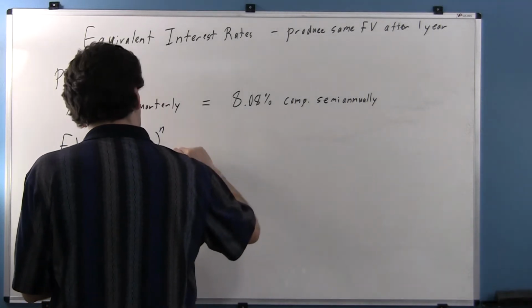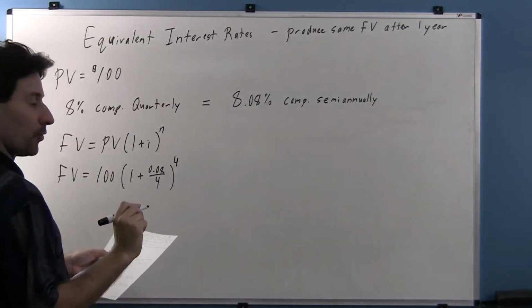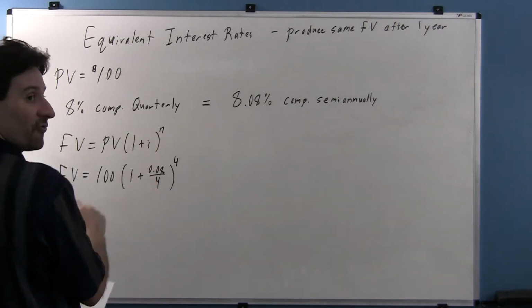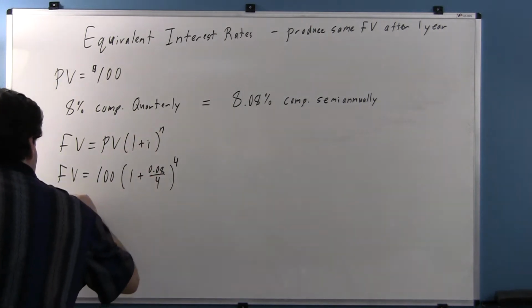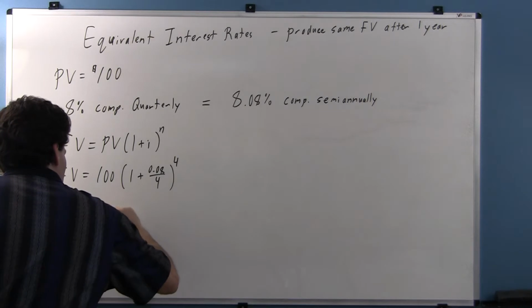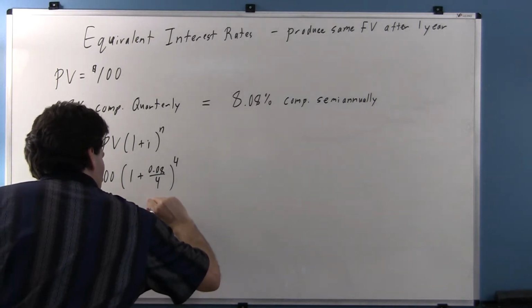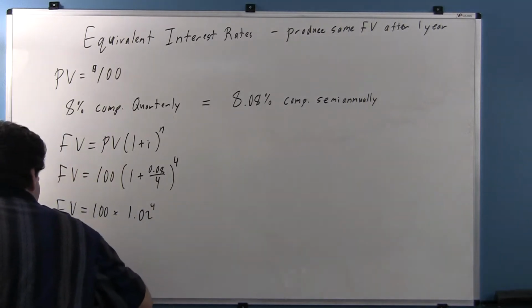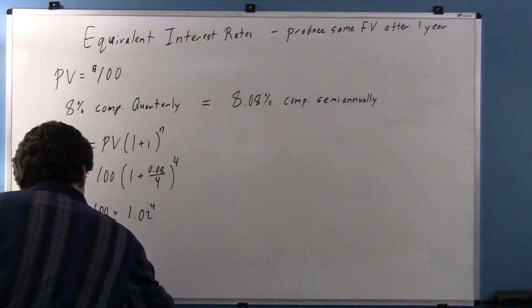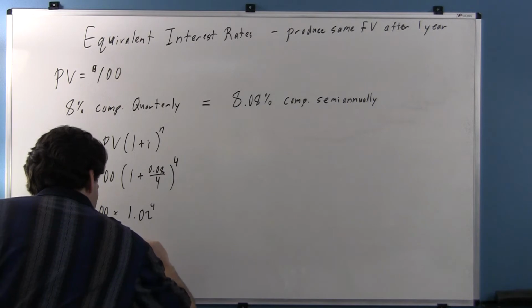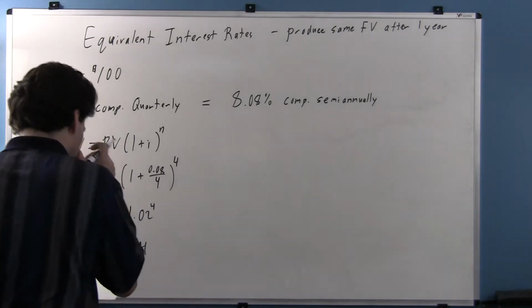And that's the power of 4, because we're talking about 1 year compounding quarterly, so 4 compounding periods. So that's future value equals $100 times 1.02 to the power of 4. The future value equals $108.24.